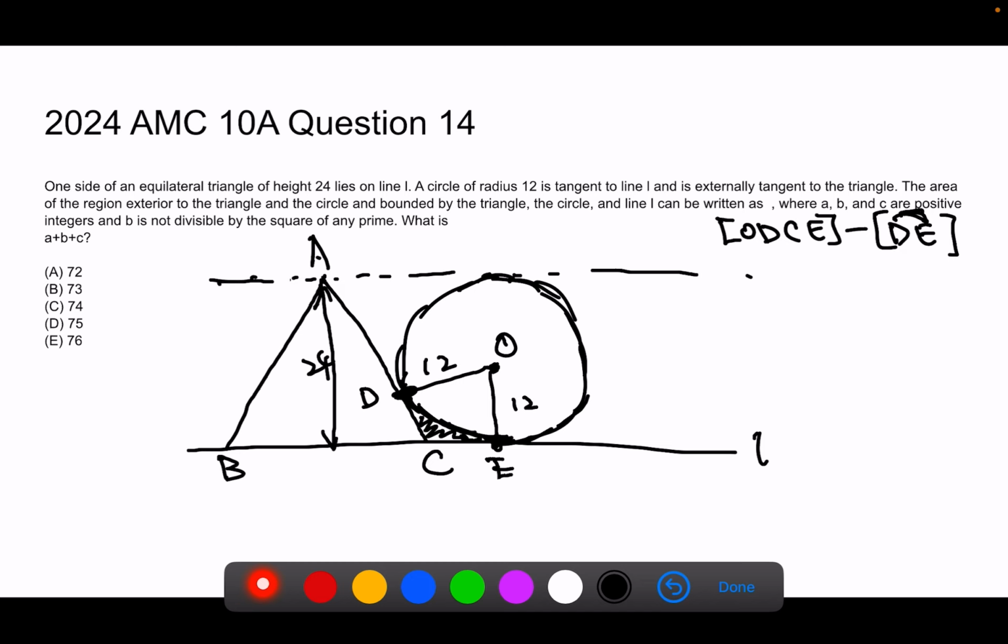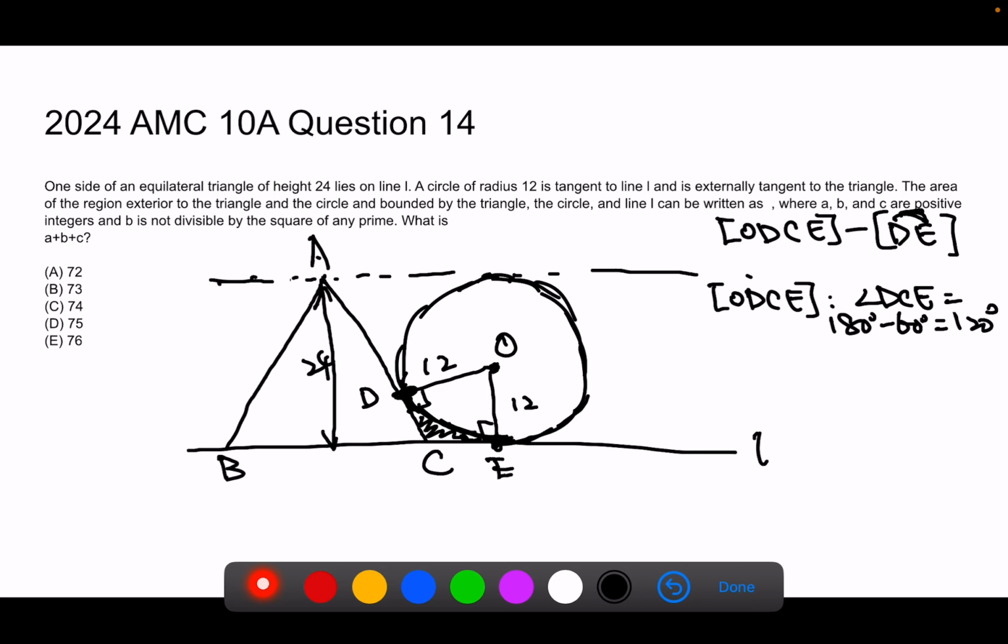So ODCE, we do know OD is 12, OE is 12, and by the way, this angle is 90 degrees, this angle is 90 degrees because they're tangent. Not only that, I actually know, so let's start from ODCE. Actually, no, angle DCE is equal to 180 degrees minus 60 degrees, equal to 120 degrees, because ABC is equilateral, so that's a 60 degree angle.